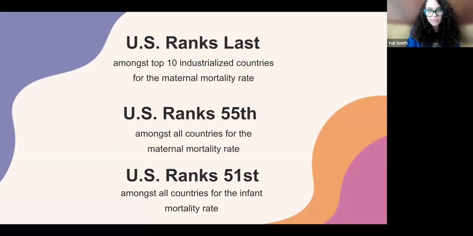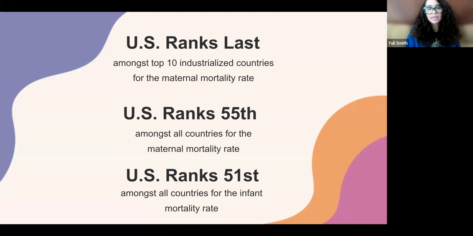So maternal mortality rate means mothers who are dying, birthing folks who are dying soon after birth or in the perinatal period. And that could be related to birth, a pregnancy complication, or it just means that they are in that perinatal period. And perinatal means around birth. So before birth, during birth, right before birth or preconception, during birth, and in the postpartum period.